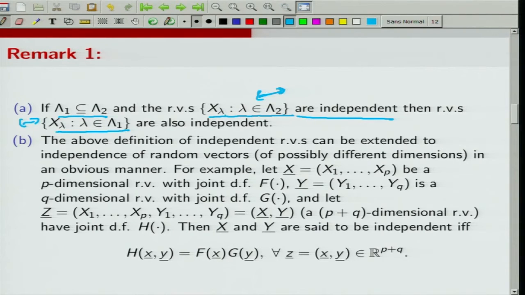Now, another remark says that the above definition can be extended to random vectors in an obvious manner.